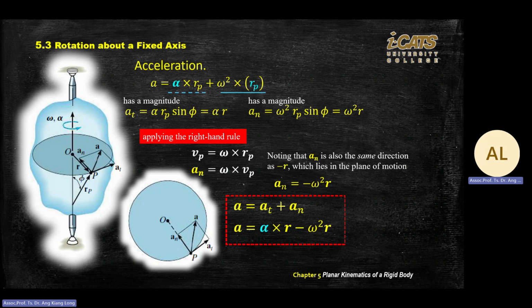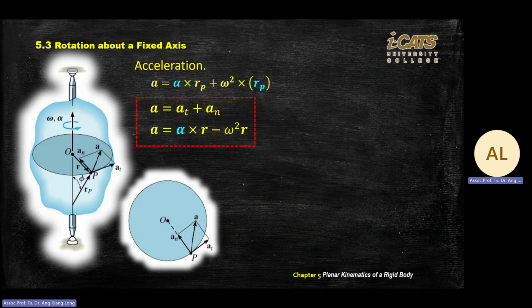You just calculate the a_t as alpha R, and then you take alpha R minus the omega square R. Careless mistakes always happen here on the rigid body: your a_n component is minus. And this one is Pythagoras theorem because you have a vector here. So you can find the resultant as the square root of a_t squared plus a_n squared.